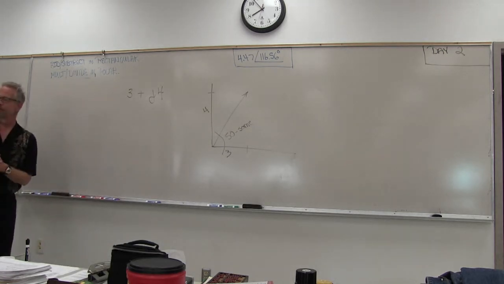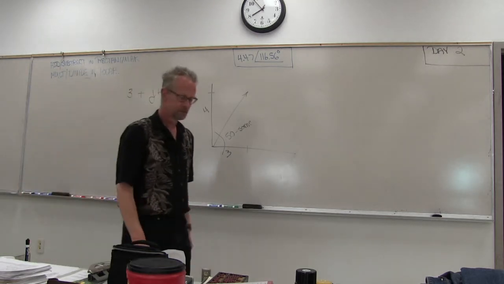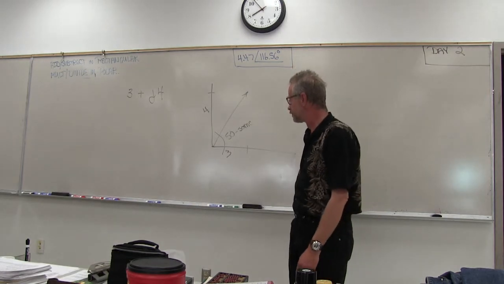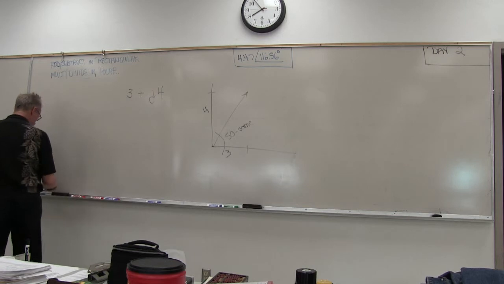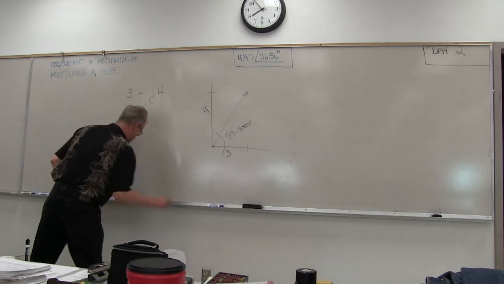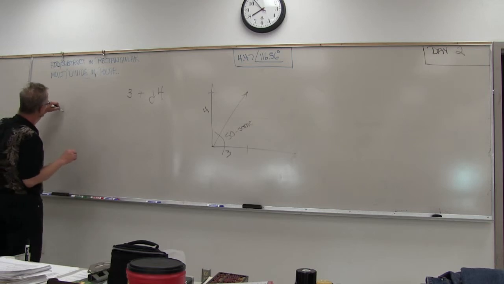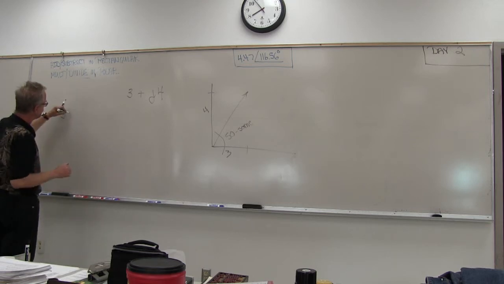But let's go ahead and do the conversion. Where's my green? Here's what I need you to enter in. Let's try this. Enter in 3. Hit the second function button, the green button.